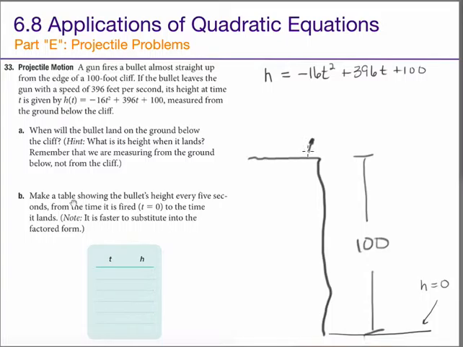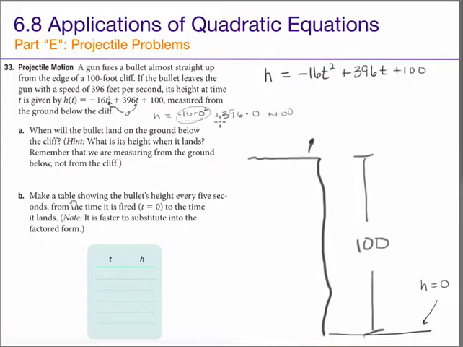Notice that at the time when t equals 0, the moment that the bullet is fired, that bullet is exactly 100 feet above the ground. So if I were to replace t with 0 here and here, I would get a height of negative 16 times 0 squared plus 396 times 0 plus 100.